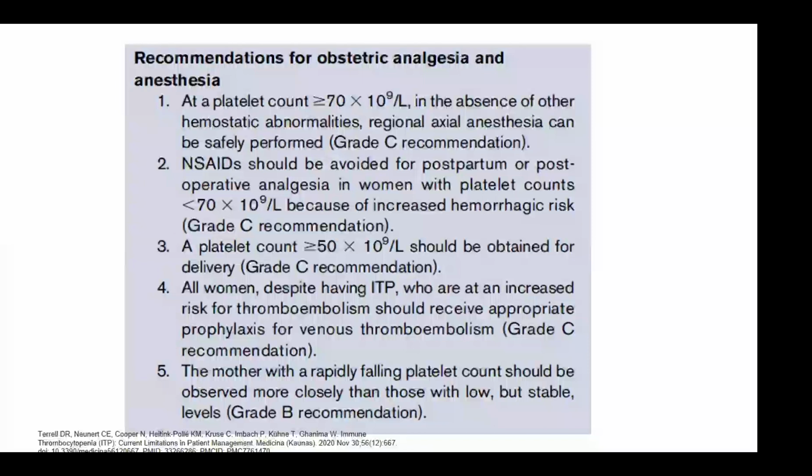A platelet count more than 50 should be obtained for delivery. Women with ITP who are at increased risk of thromboembolism should receive appropriate prophylaxis for venous thromboembolism. And last, the mother with a rapidly falling platelet count should be observed more closely than those with a low but stable level.